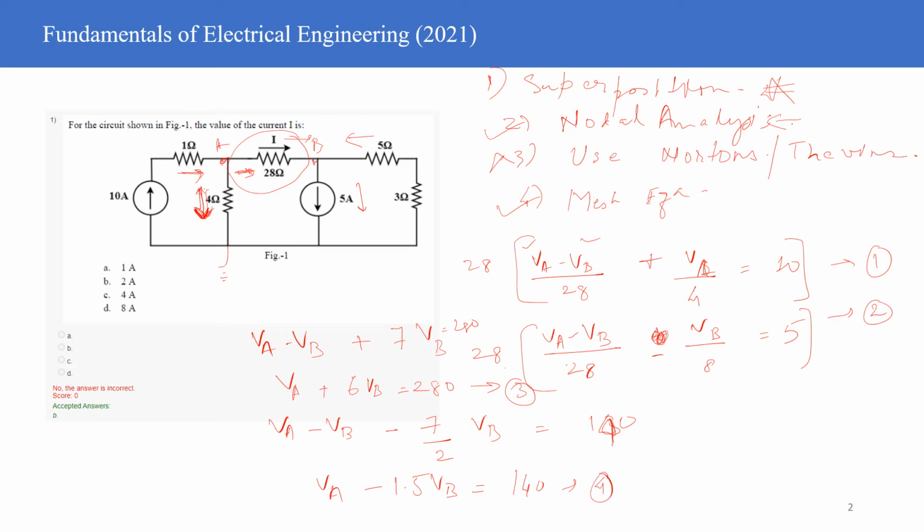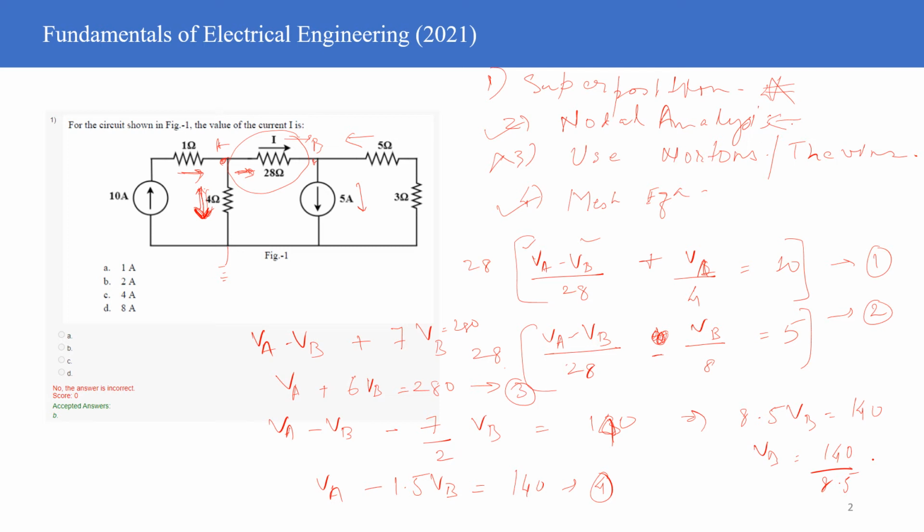Now you can subtract 4 from 3 and you will get 8.5 VB is equal to 140. So VB is nothing but 140 divided by 8.5, and similarly you can figure out the value of VA.